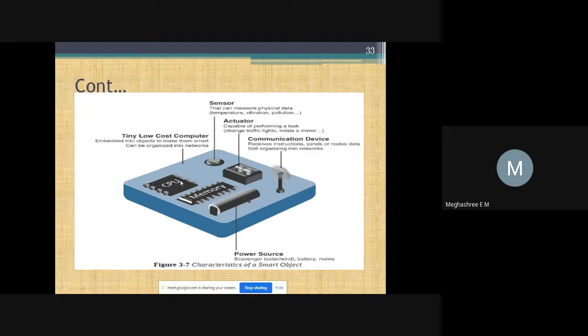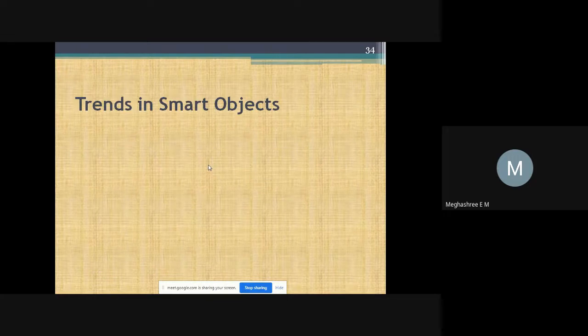When there is processing, it requires memory, so memory is also present here. To process you need a power source. When you are communicating with another device, you need a power source, right? And sensors and actuators are also present on the smart object. So these are the characteristics of a smart object. Do remember, a smart object can be a collection of sensors or actuators, or a collection of sensors and actuators.